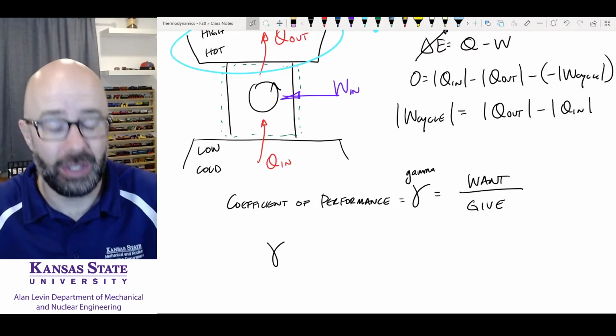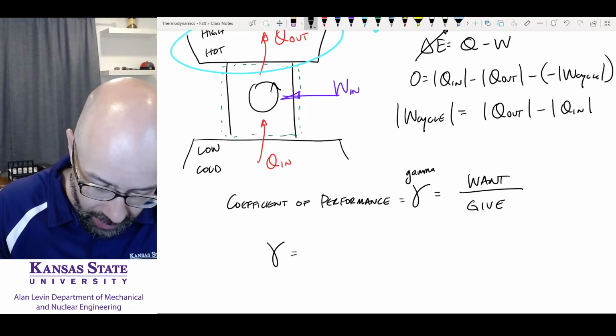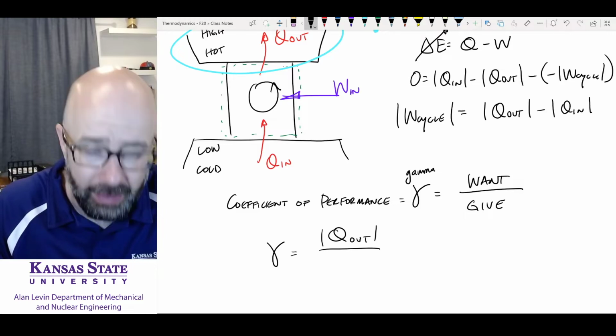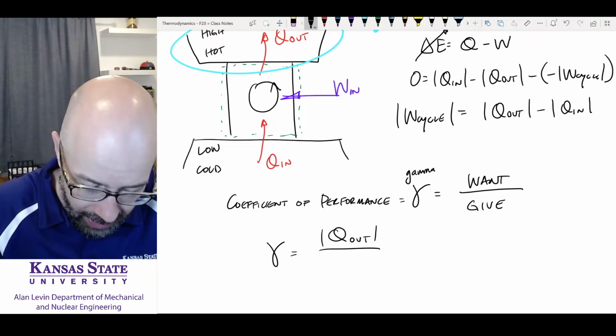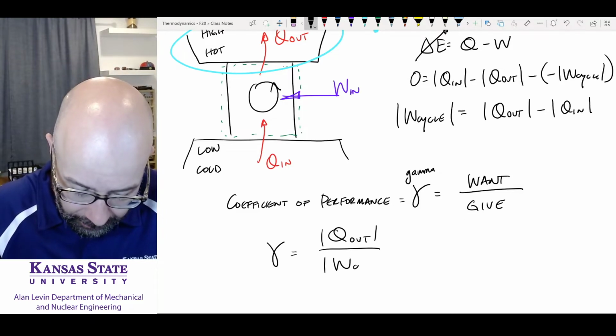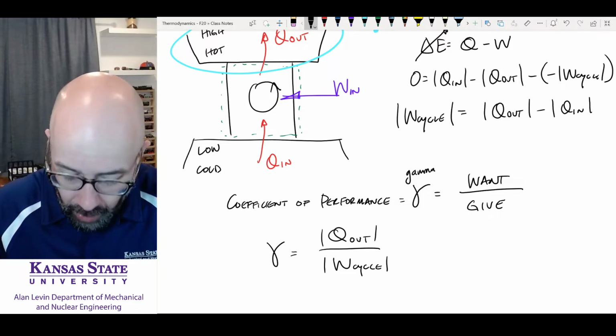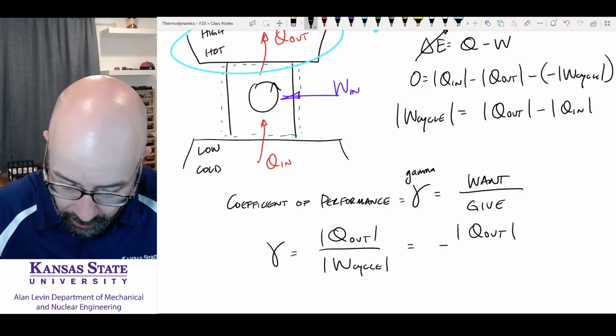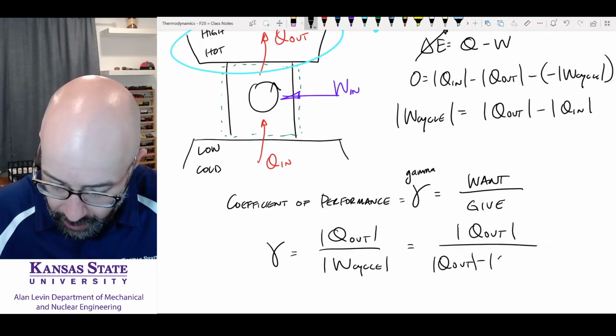We want heat to go into your situation. So we're going to talk about Q out. What do we have to give? Well, we have to plug this in. We have to provide it with some power. We have to do this work of the cycle. Or we could write this as Q out all over Q out minus Q in.